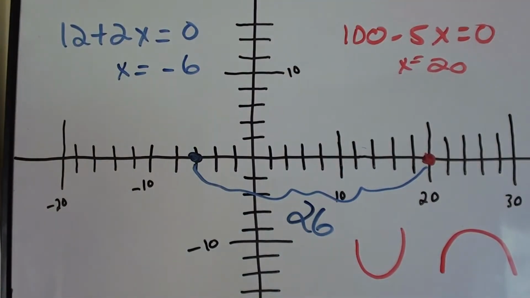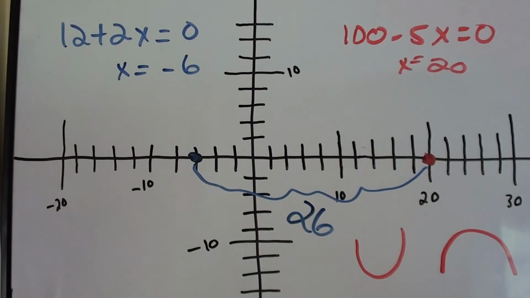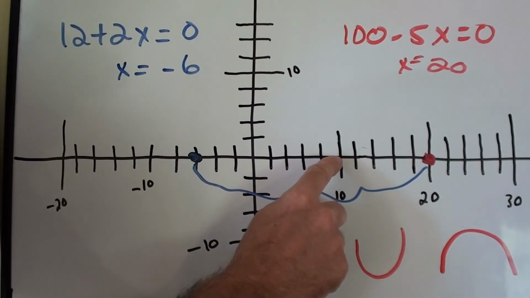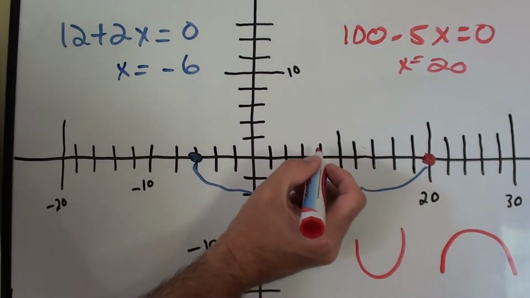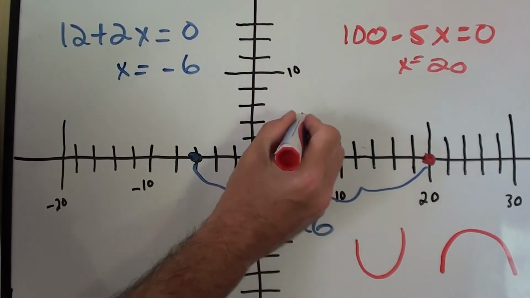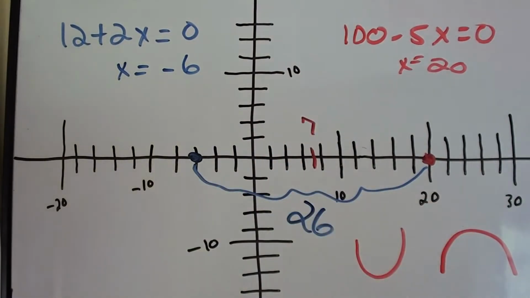So we need to find the halfway point between 26. And we know half of 26 is 13. So we have to count backwards 13. Well, that's 10. So let's go back just 3 more. And it would be 8. Oh, 7. That's 8. So right in here. So we know that the halfway mark, the vertex, is 7. Okay?